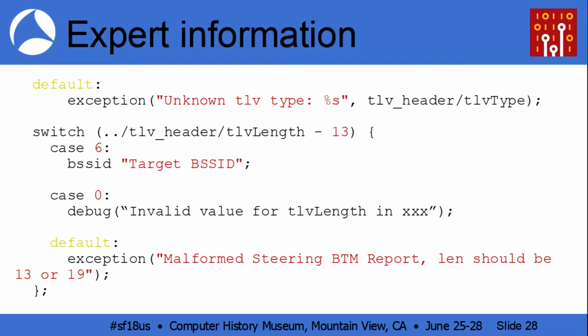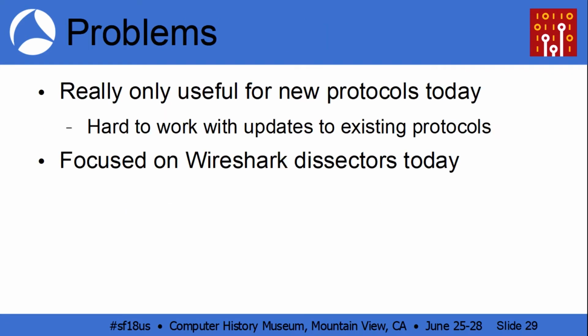You might want to put a debug entry in there. You might want to put a warning entry in there. So there are a variety of different ways to do these exceptions and various strings. They look like function calls because that's the way I think of them. But the language handles it reasonably well.